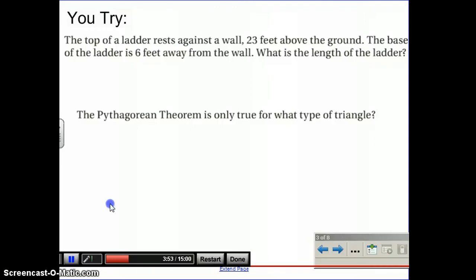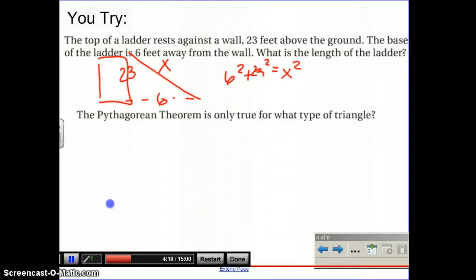Okay, hopefully you set up your picture with your building and your ladder. Okay, the top rests against the wall 23 feet above the ground. The base is 6 feet away from the wall. And this time we want the length of the ladder. Remember which part is the actual ladder. So if we solve this, 6 squared plus 23 squared equals x squared.